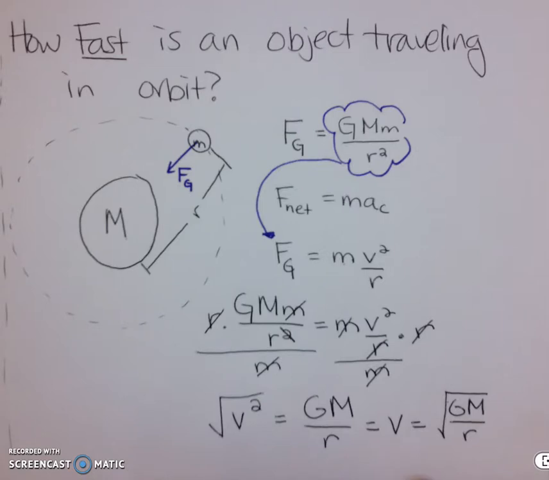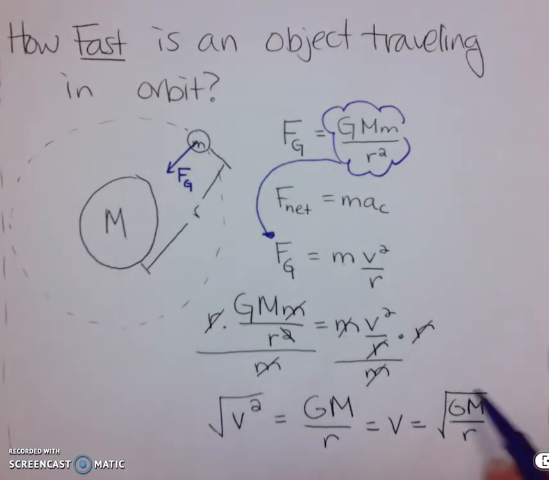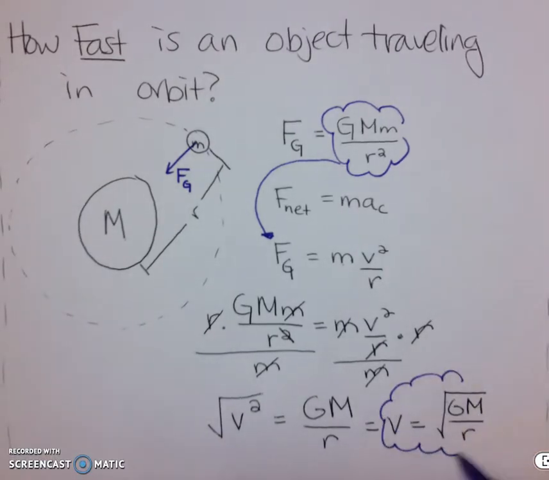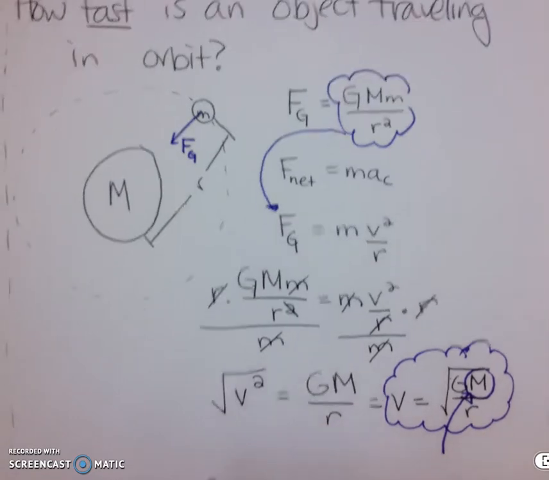Now that's the equation right here for the speed of an object that's in orbit. Something to remember, this M here is the mass of whatever is being orbited.